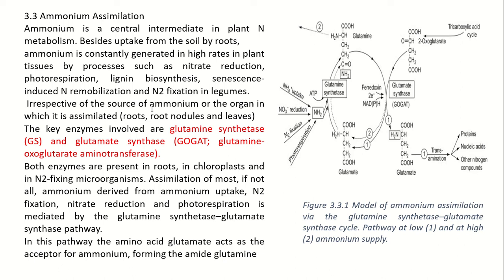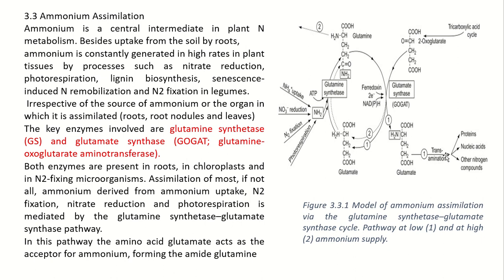So assimilation of most of the ammonium, whether derived from nitrogen fixation, nitrate reduction or photorespiration, is mediated by the glutamine synthetase and glutamate synthase pathways. See, this pathway you have to remember.